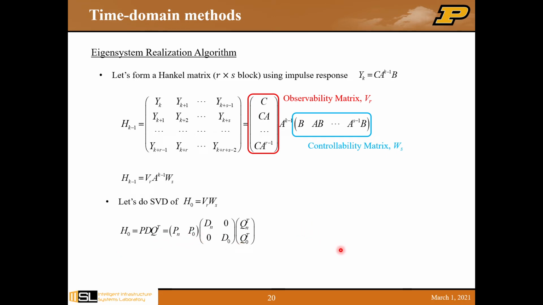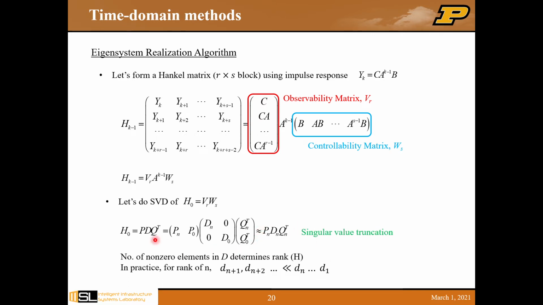Similarly, we can do a truncation of the singular values by checking the magnitude of the singular values in this D matrix. Ideally, D_0 is equal to 0, so we can easily identify the rank of the Hankel matrix.